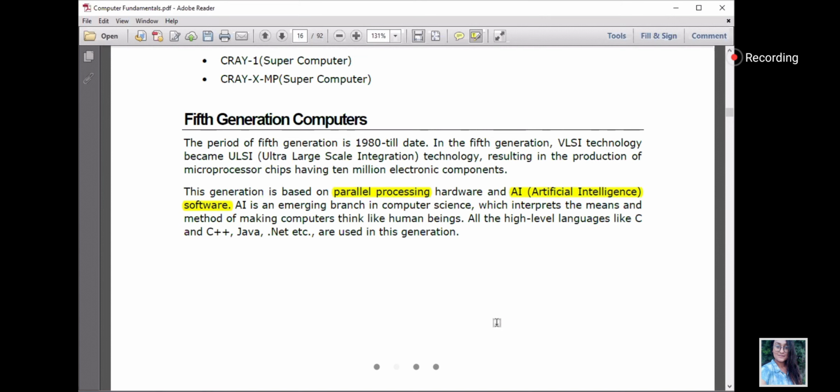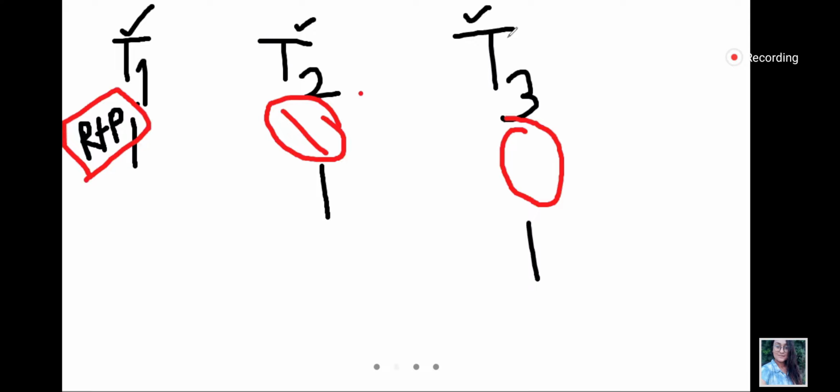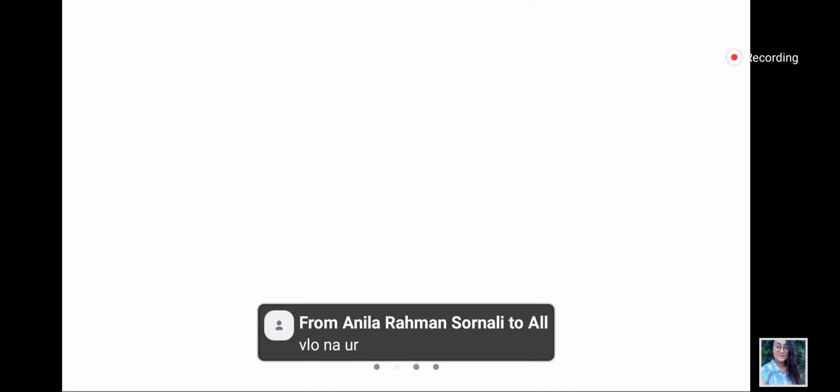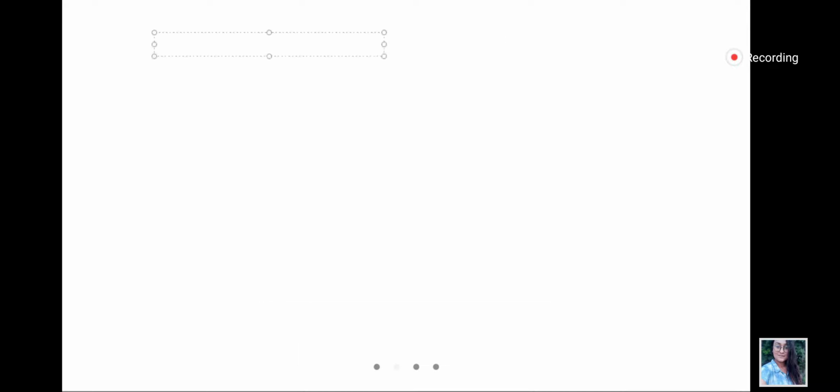Whenever you are trying to buy a computer or mobile phone, you will see the features, and in the features they will mention something like quad core. So what does quad core mean? It means there are 4 cores available.